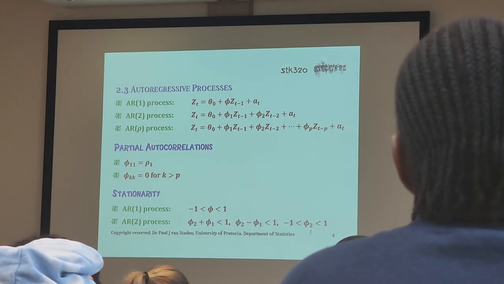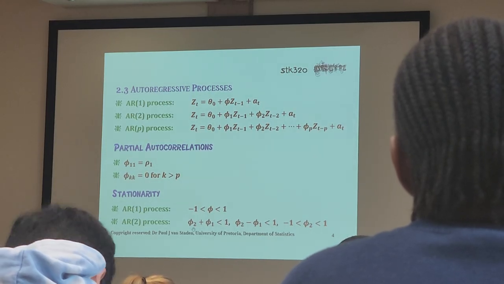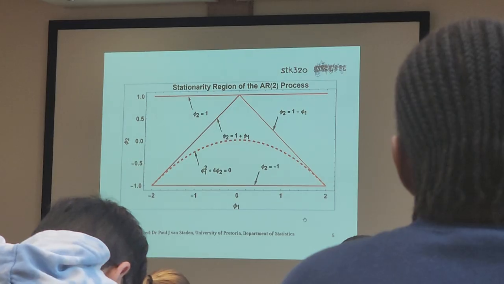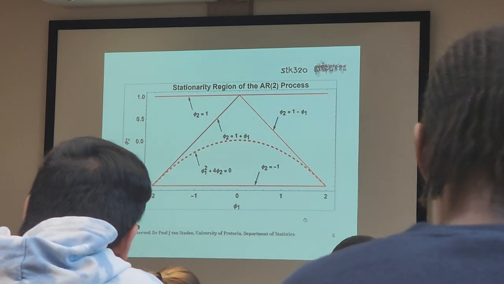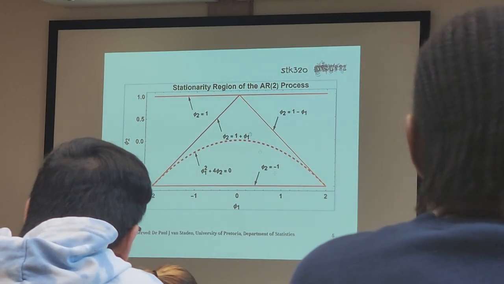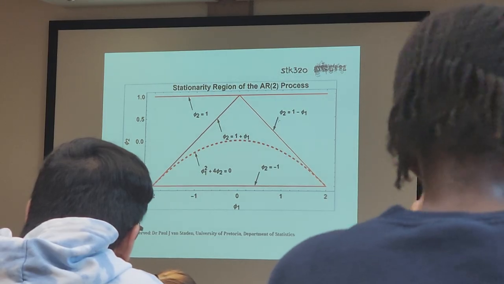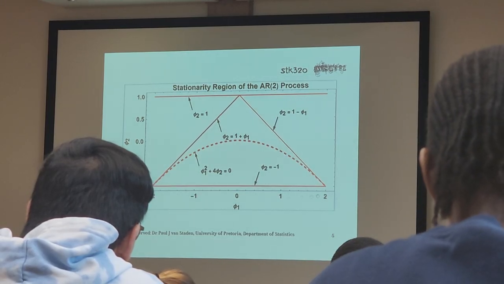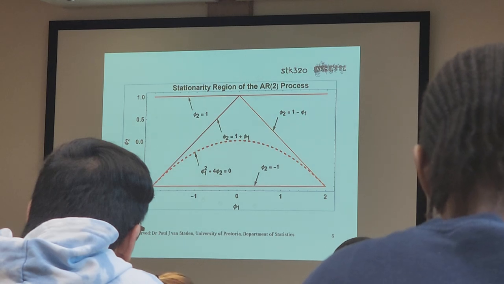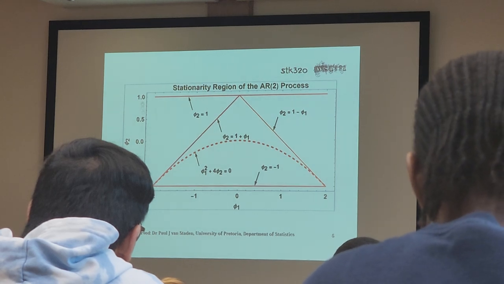And if we go and sketch these three conditions, we get this triangle. So if we look carefully, we have here a line phi2 equal to 1 minus phi1. Now, sorry, on this axis, we have phi1, our first order regression parameter, and on this axis, we have phi2.